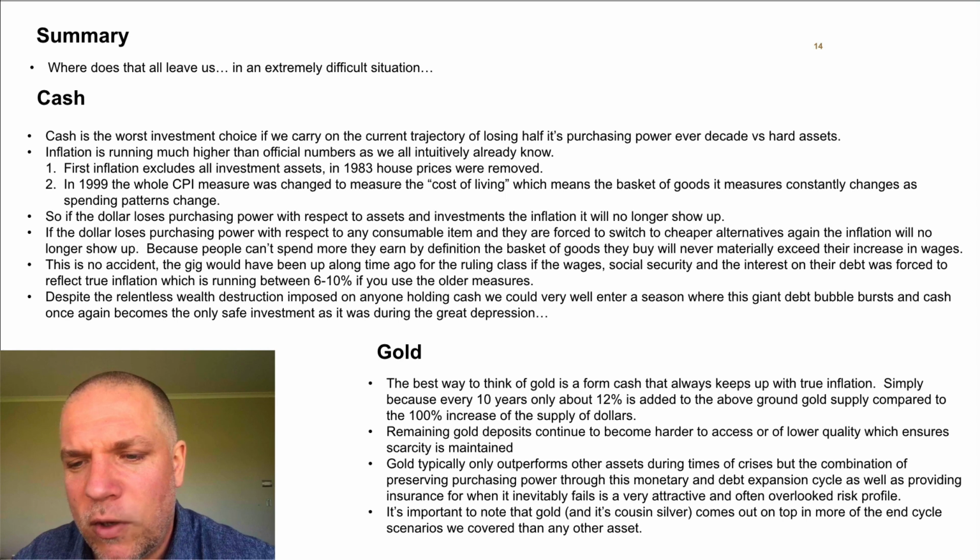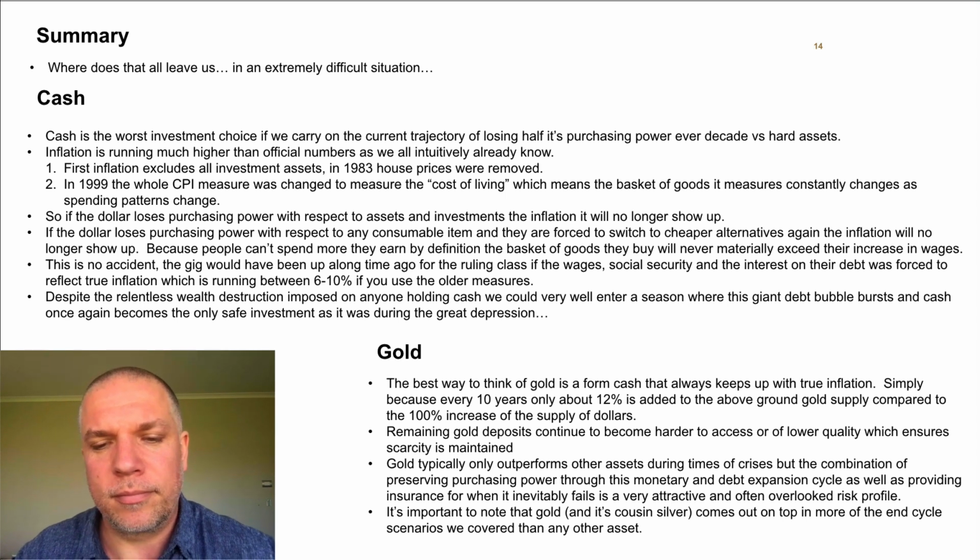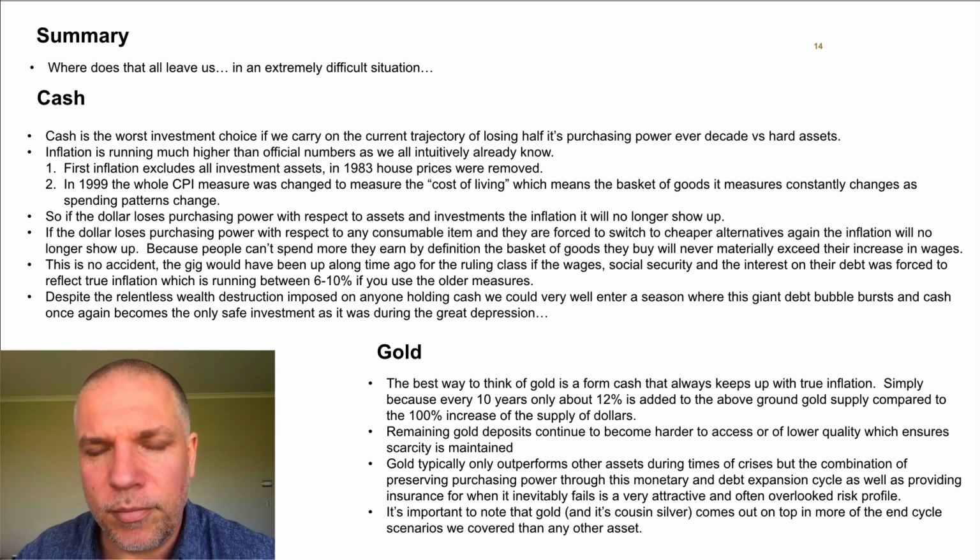I worked out it's roughly 12% is added to gold supply every 10 years when you take out bits that are used for industry and what have you, which isn't very much. Most of the gold is above ground and is really just in the form of coins, bars, or jewellery. So, gold and its cousin silver, I think they come out on top of most of these scenarios. I think it's very worthwhile considering seriously having an allocation to those.